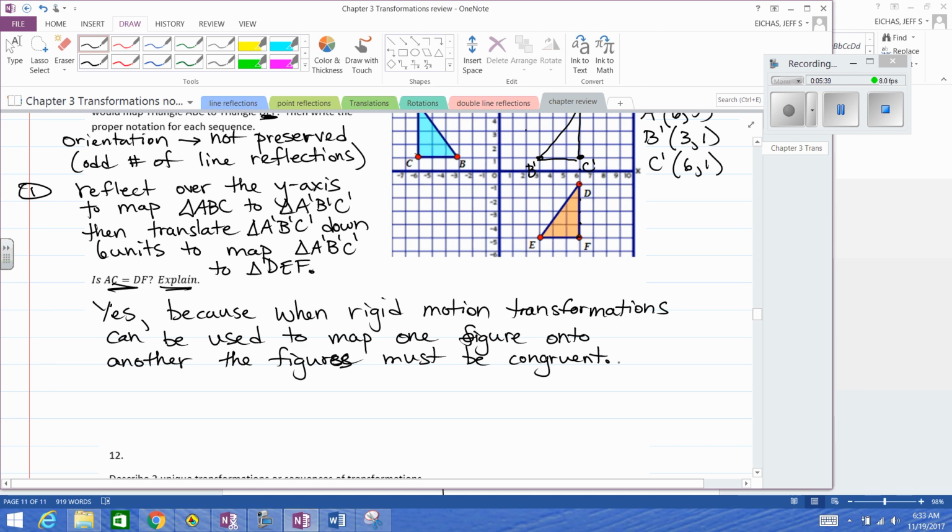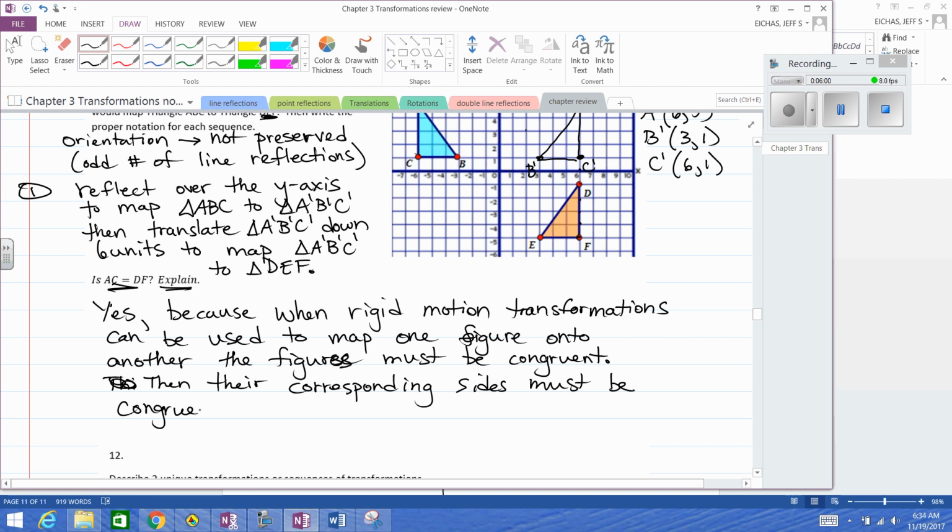Then their corresponding sides must also be congruent.